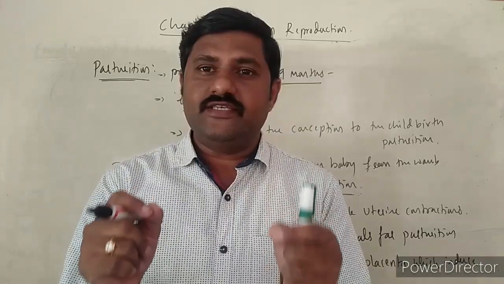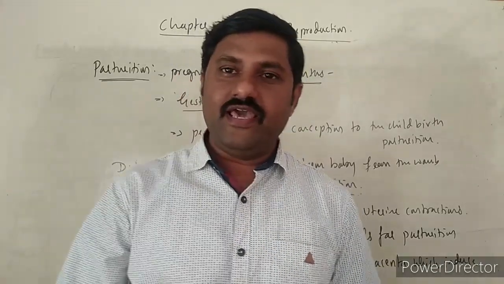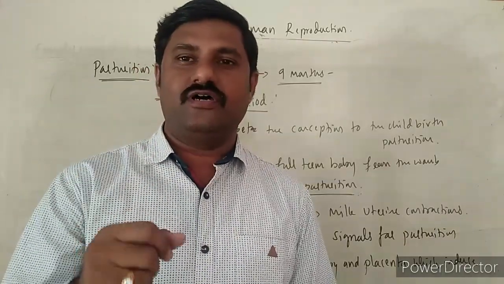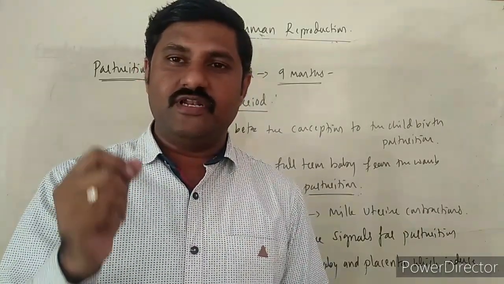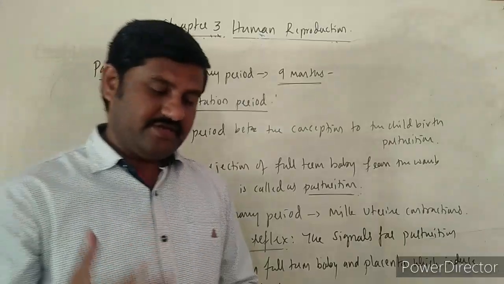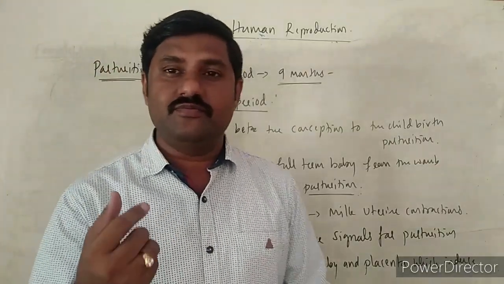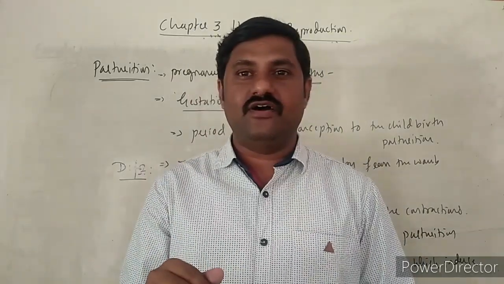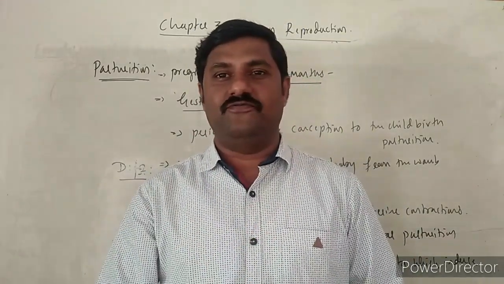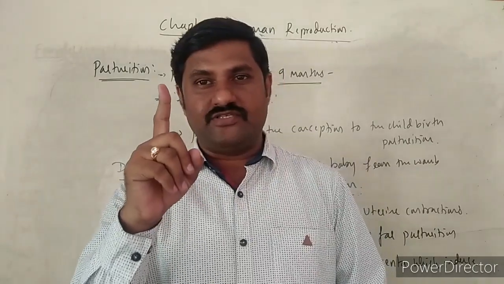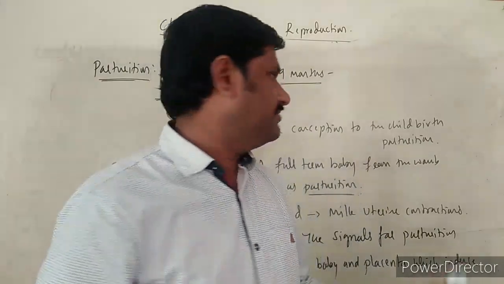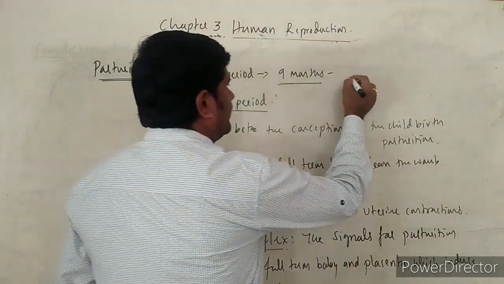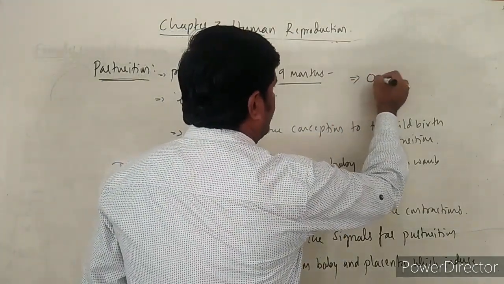Soon after the fetal ejection reflex, it induces the uterine wall or uterine muscle contraction itself, as a result of which the release of one of the hormones called oxytocin takes place. See here, what happens as a result of this fetal ejection reflex?